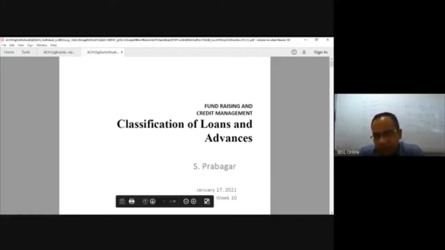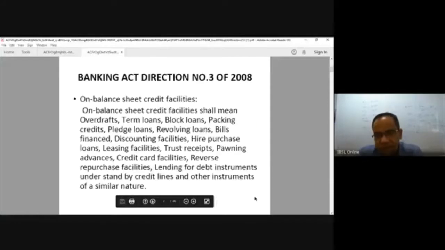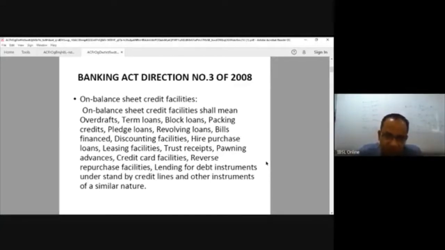Classification of loans and advances. So you should understand, what do you mean by classification? What are the on-balance sheet and off-balance sheet assets which are subject to classification, right?